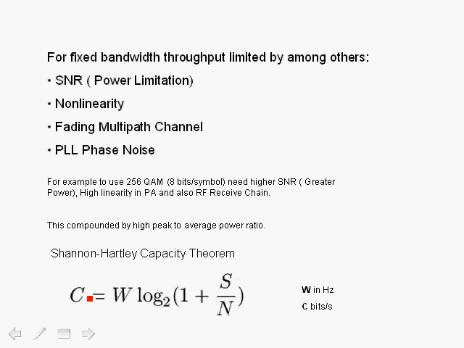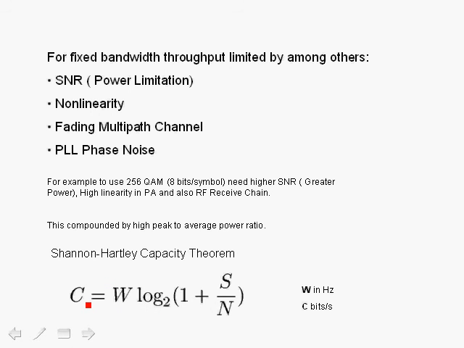One way to increase capacity is to increase the signal to noise ratio, but if you have a fixed signal to noise ratio and also a limited bandwidth, then your capacity has an upper limit. By the way, this capacity is the capacity of the channel below which you can achieve arbitrarily lower and lower error rates, close to zero. The Shannon-Hartley capacity theorem gives the maximum achievable capacity over that channel.